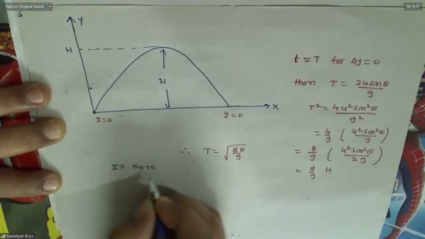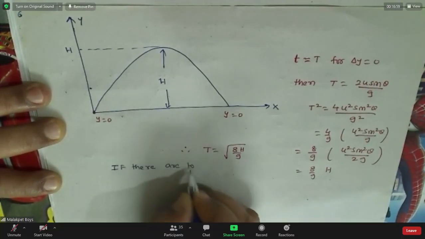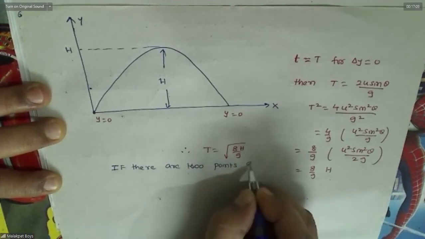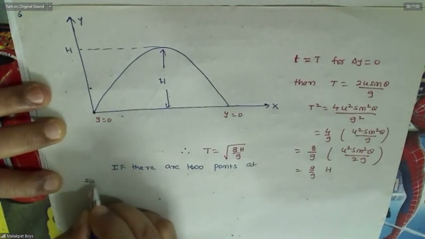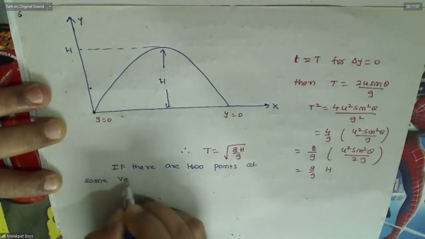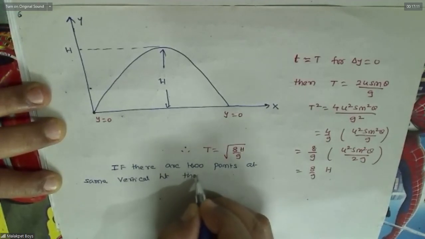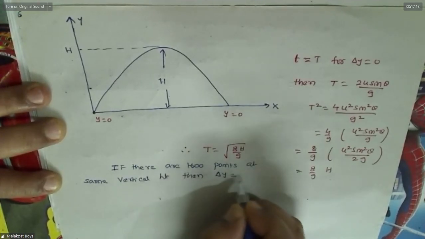If there are 2 points at the same vertical height, then delta y is 0.